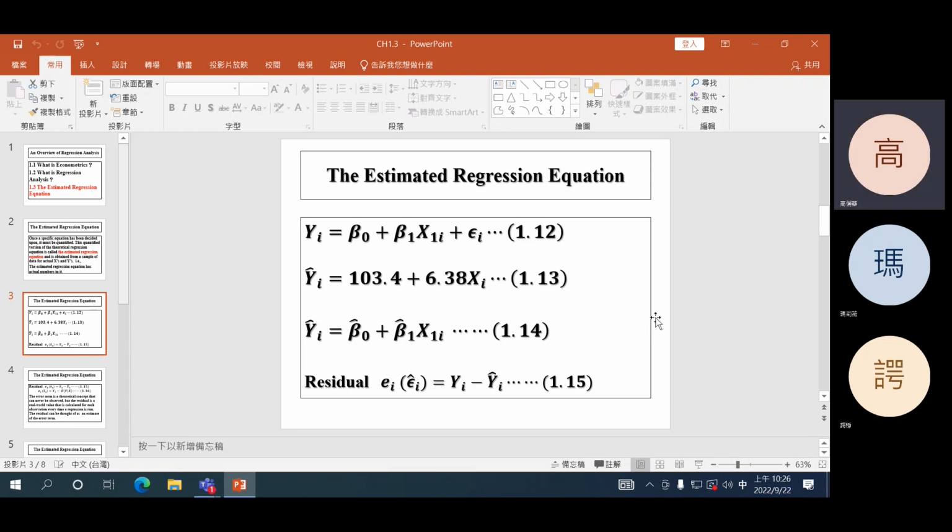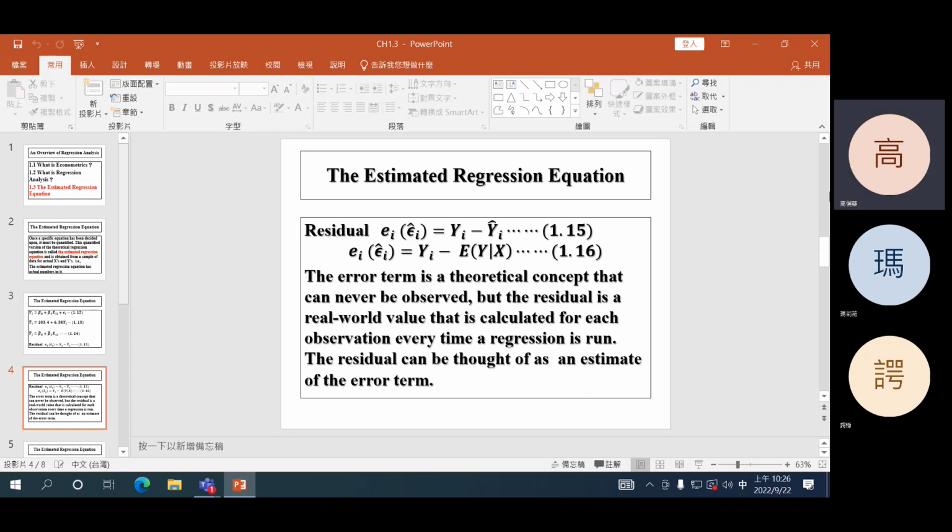Okay, so let me explain this one. Okay, so residual can be expressed in this way. Did you all remember these parts? Actually, this part is equal to the y hat.